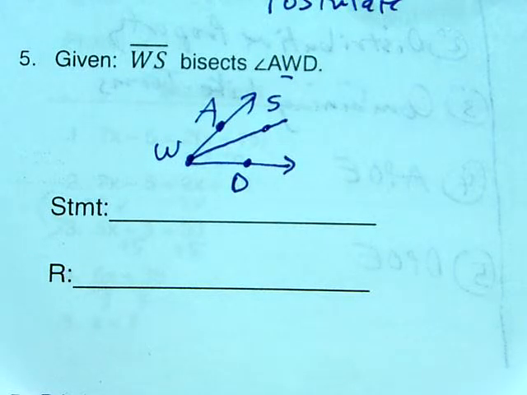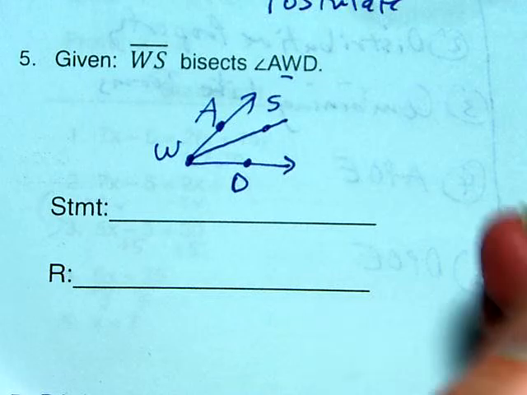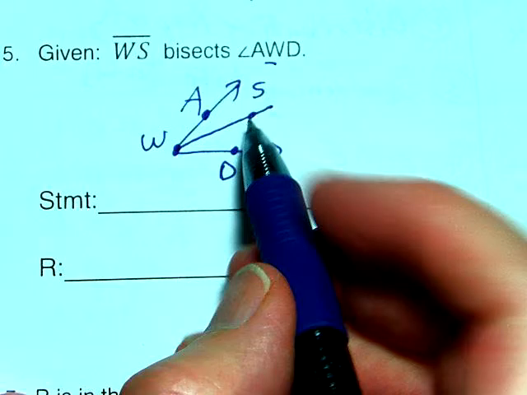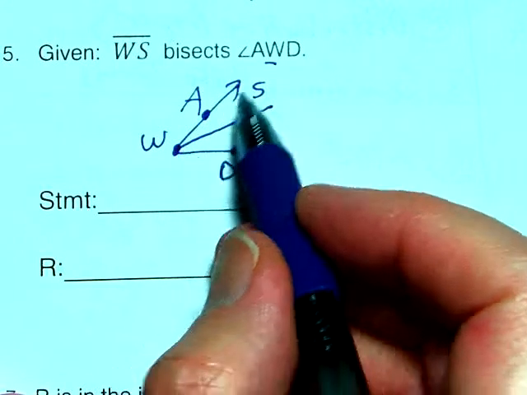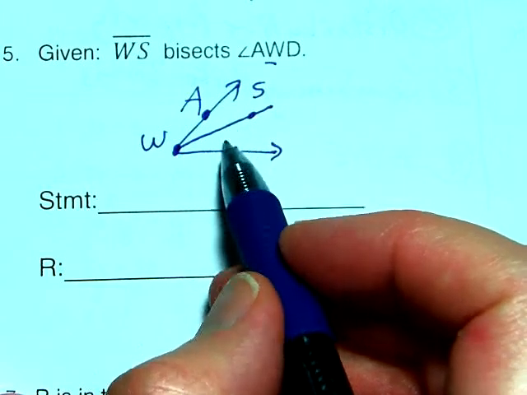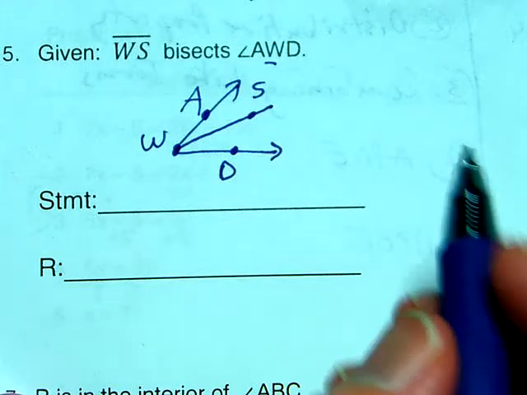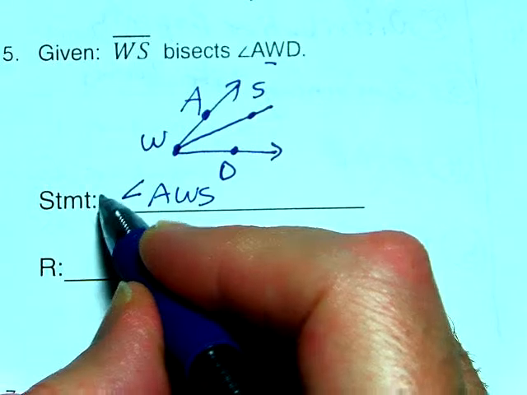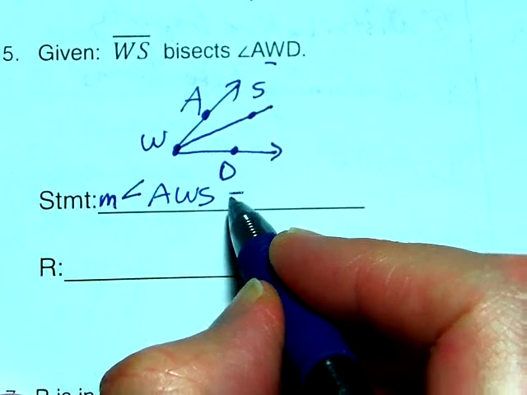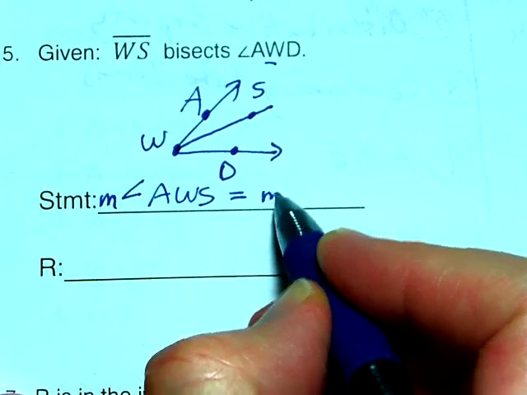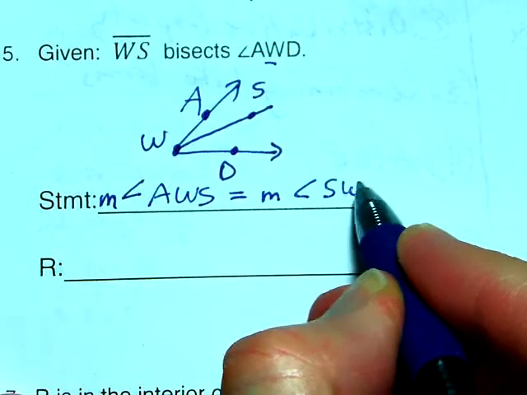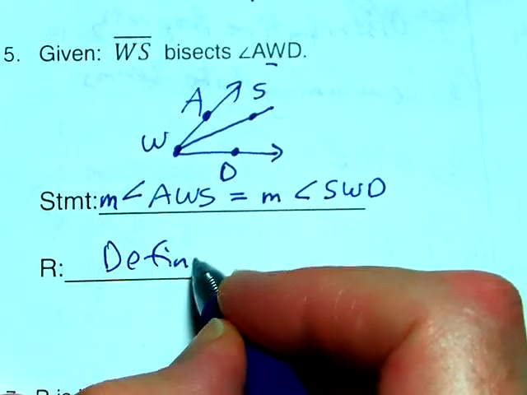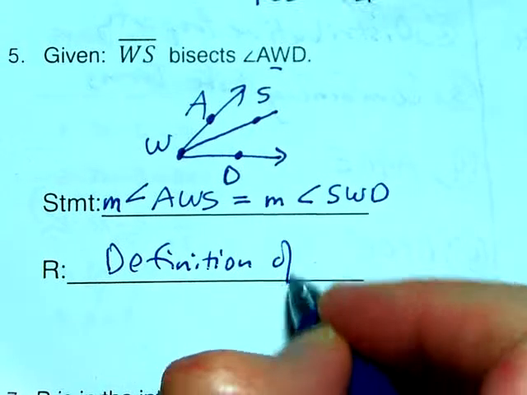So it's an angle bisector, right? So we already know the reason is going to be because of an angle bisector, and an angle bisector divides an angle into two smaller congruent angles. So we know that the measure of angle AWS is equal to the measure of angle SWD. Okay, and that is by the definition of angle bisector.